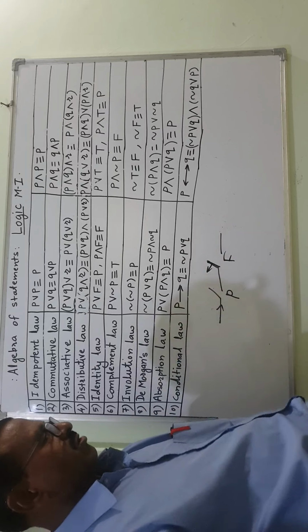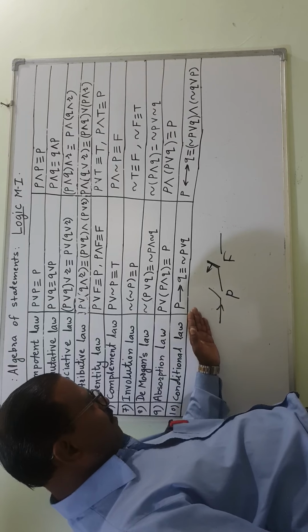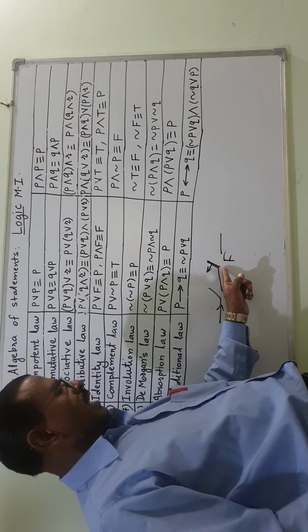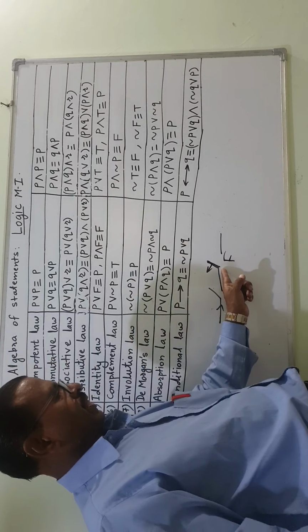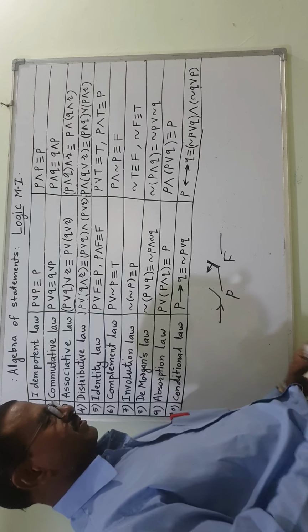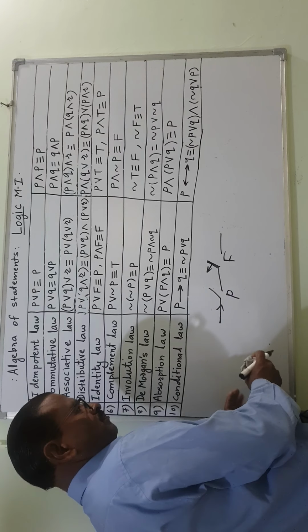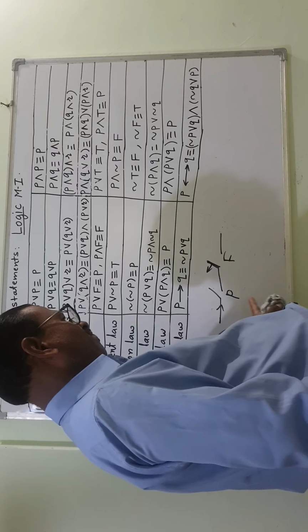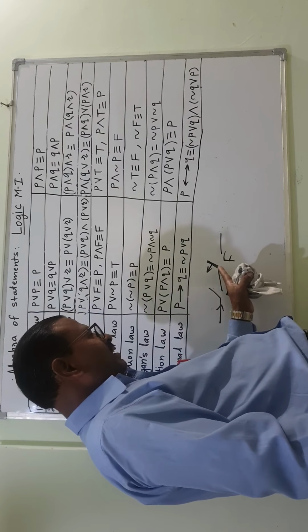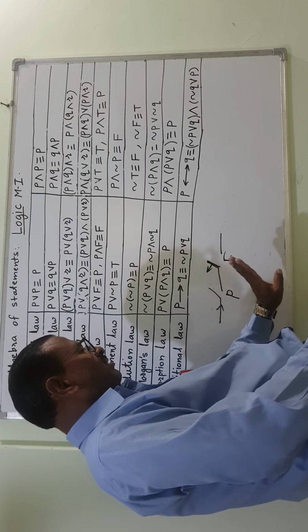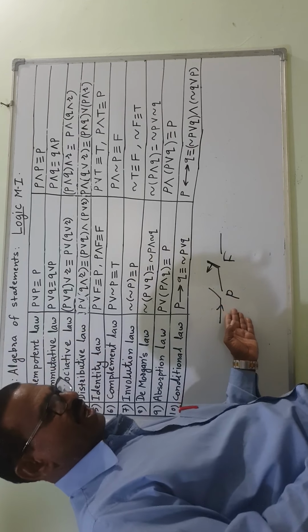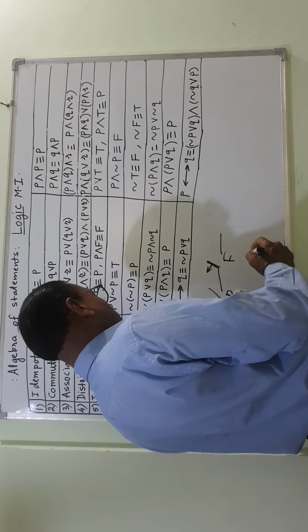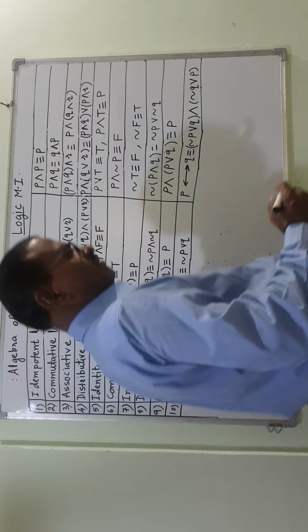No, not at all. Because if switch P is on, the current will come up to this point only. And afterwards it won't go ahead. That is the meaning of this. So, P and F means this is a cut wire. No need to have this P switch. So that means it is always false.